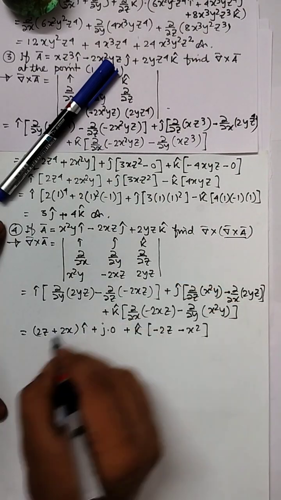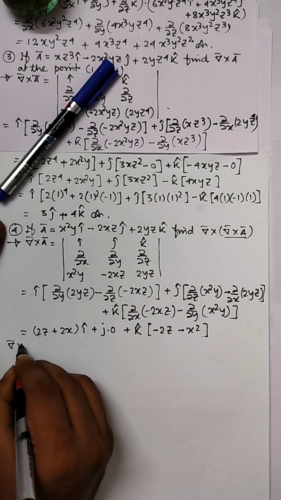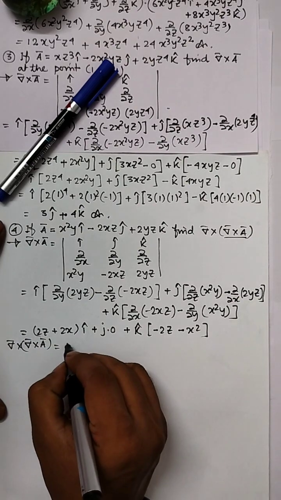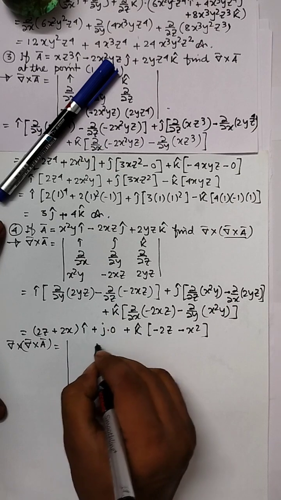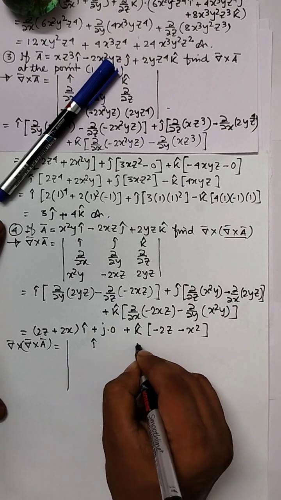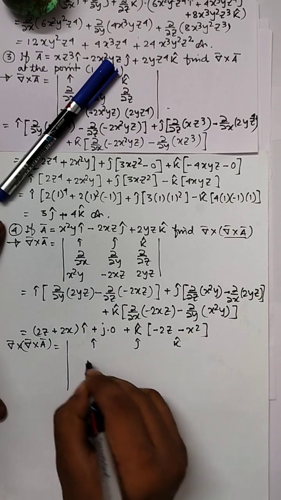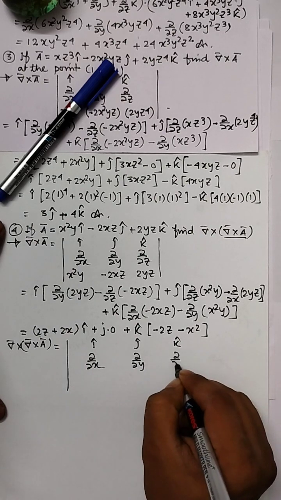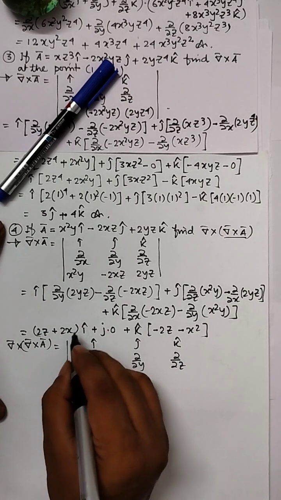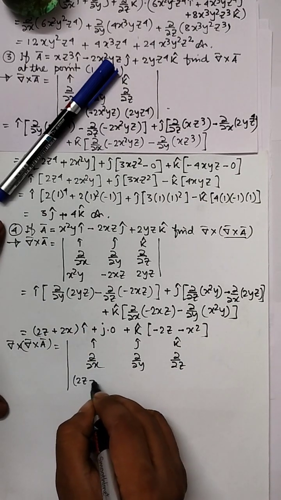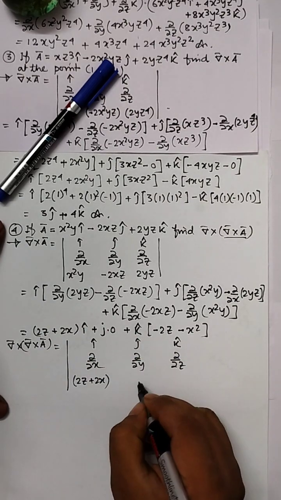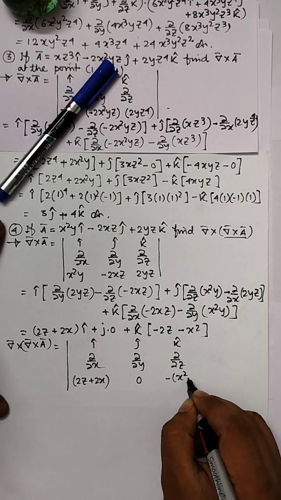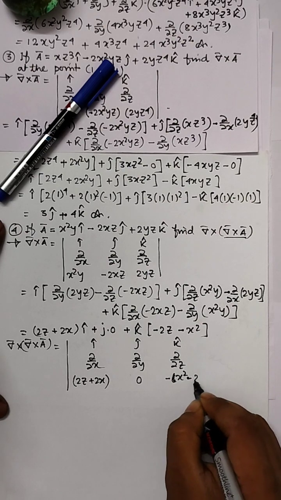Now taking the curl of ∇ × A, again we have to solve the determinant i, j, k, ∂/∂x, ∂/∂y, ∂/∂z, and the third row contains the value of i, that is 2z + 2x, the value of j is 0, the value of k is −x² − 2z.